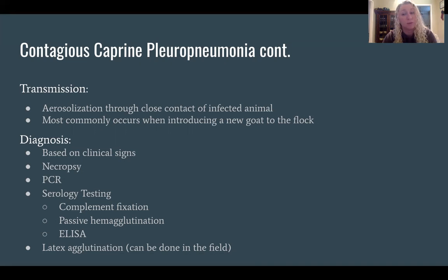Your most common serology test would be your passive hemagglutination. This basically is red blood cells used to absorb the soluble antigen onto their surfaces. The red blood cells then agglutinate in the presence of antiserum specific for that absorbed antigen.